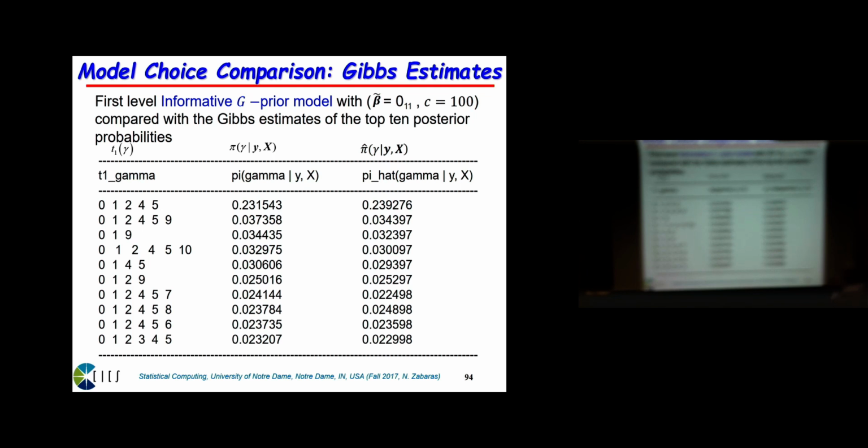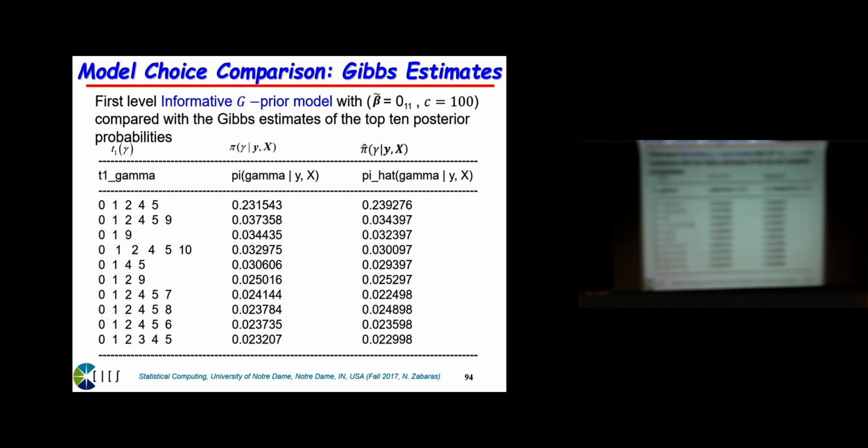The cost of doing Gibbs sampling is infinitesimal versus the cost of doing this for all possible models. All possible models here is 2 to the power 11, but think of a real problem where you have 100 variables. 2 to the power 100 is a big number, isn't it?